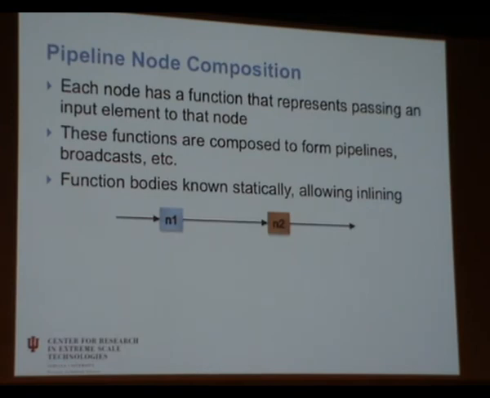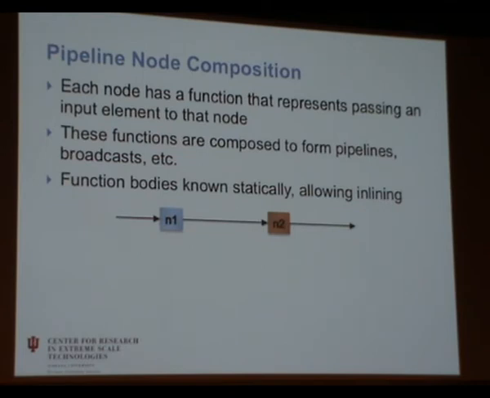And so each node, after it's been fully instantiated, is effectively a function that represents what to do when you pass an element to that node. And then these functions are composed for pipelines, broadcasts, and so on. And usually we use the type system to ensure that the function bodies are known statically, avoiding dynamic dispatch and taking full advantage of compiler optimizations.